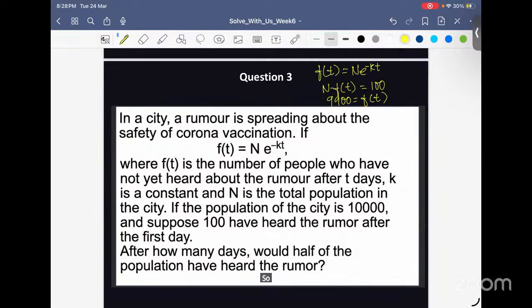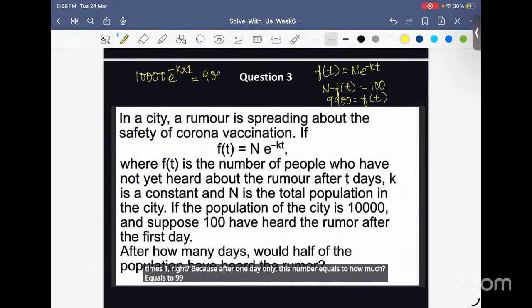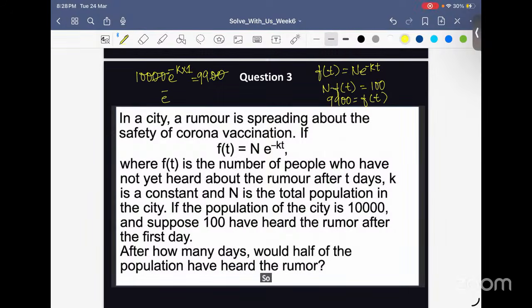So f(t) is 10,000 e to the power minus k times 1, right? Because after 1 day only, this is the number, and it equals 9,900. So you'll be left with e to the power minus k equals 0.99.